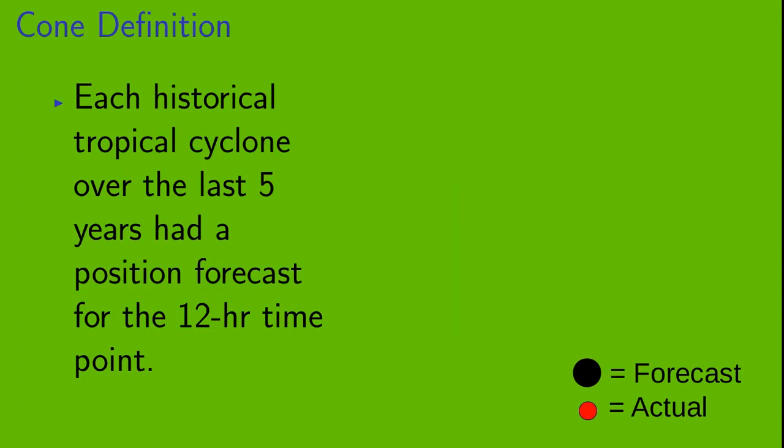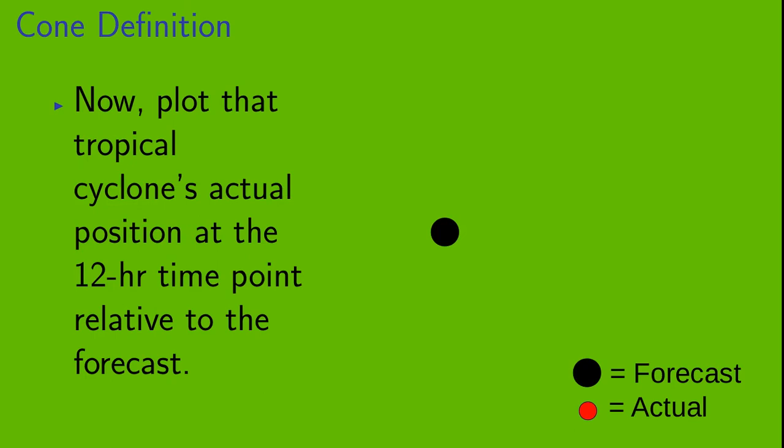Okay, so each historical tropical cyclone occurring in the last 5 years had a position forecast for the 12-hour time point. So let's represent that forecasted position with a black dot. Now, plot that tropical cyclone's actual position at the 12-hour time point relative to that forecast.